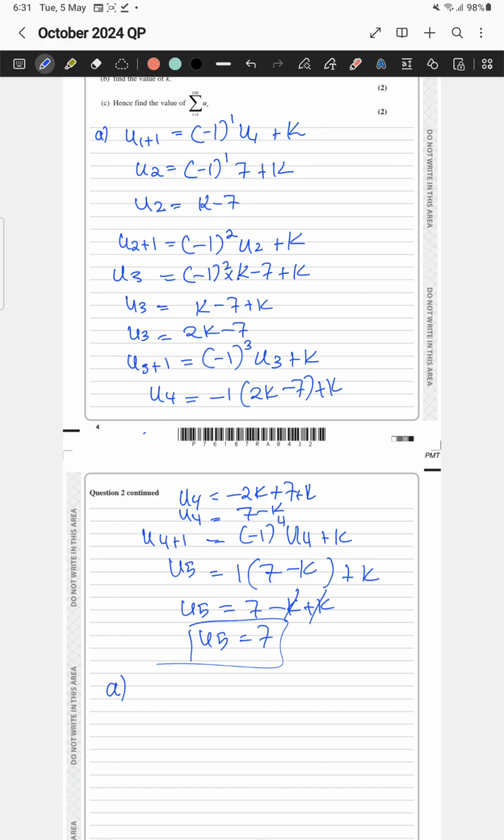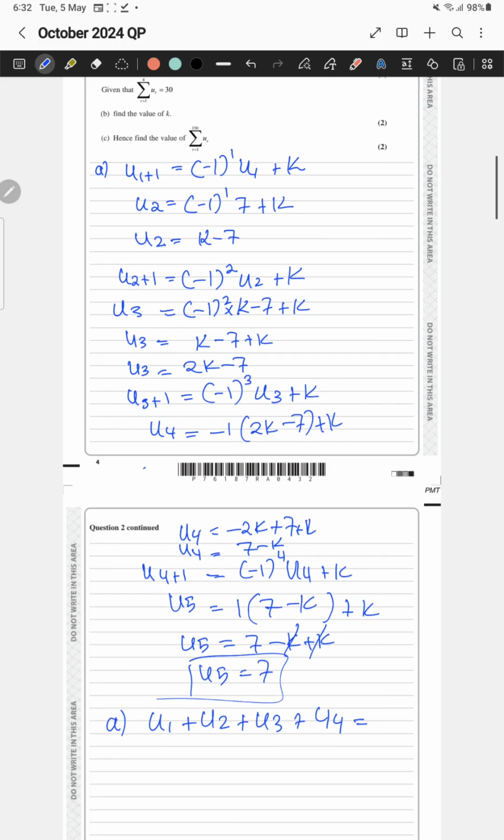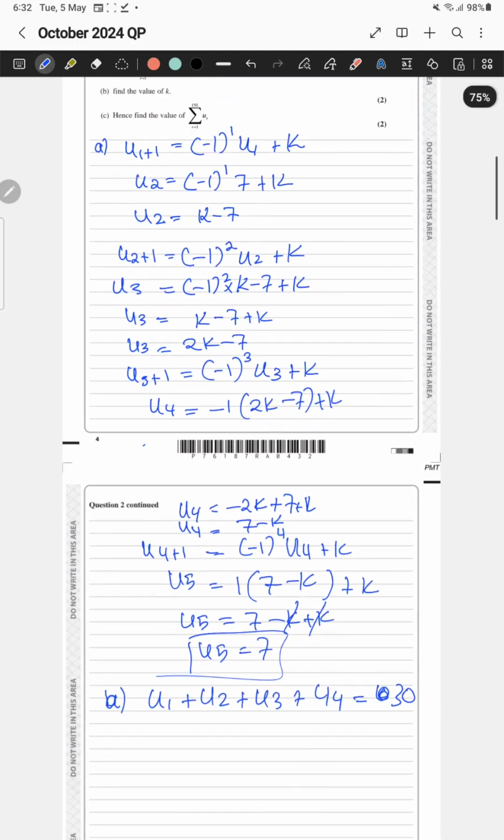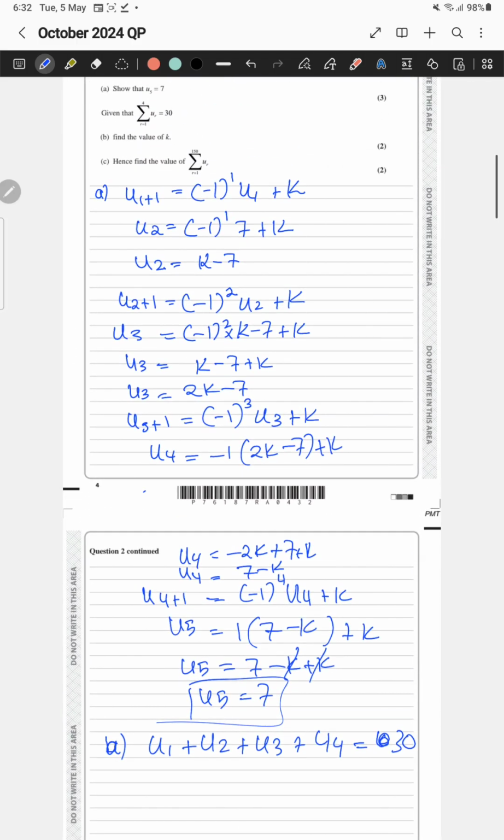So from u1 to u2 to u3 to u4, if we add these terms, we should get 30 for part B, because that's normally what you do when you add the terms, given that you don't know it's geometric, arithmetic, or whatever.